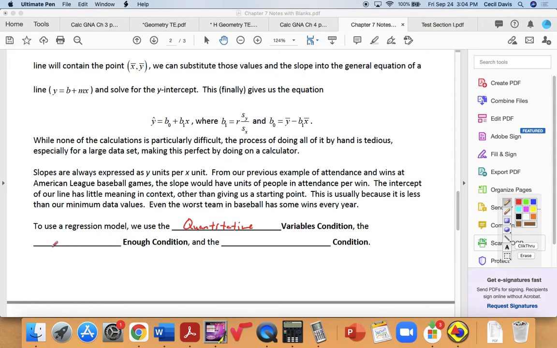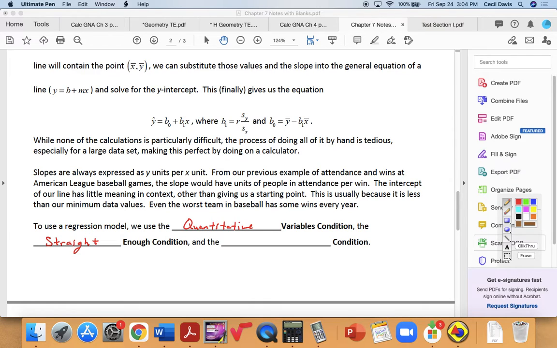The second one is the straight enough condition. Do I have something that has a strong, or at least moderately, maybe even a weak, but it's got to have a linear association. If it doesn't have a linear association, writing a line of best fit is moronic.